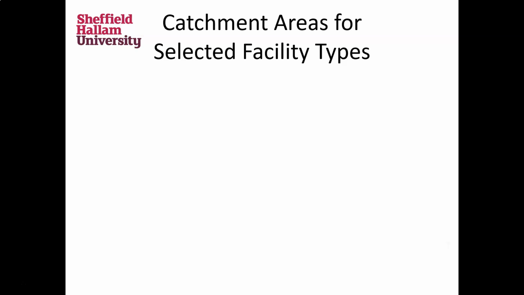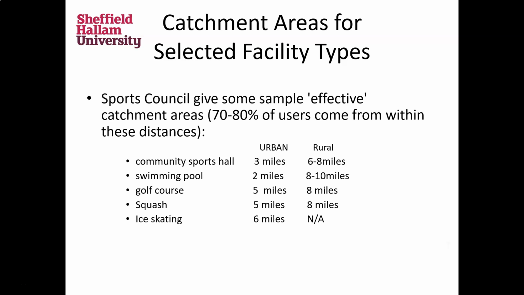So, catchment areas for selected facility types. The Sports Council, and this is what Sport England used to be called, so some of this is from an old publication, but the figures are still used in the facility planning model and are used for planning generally.